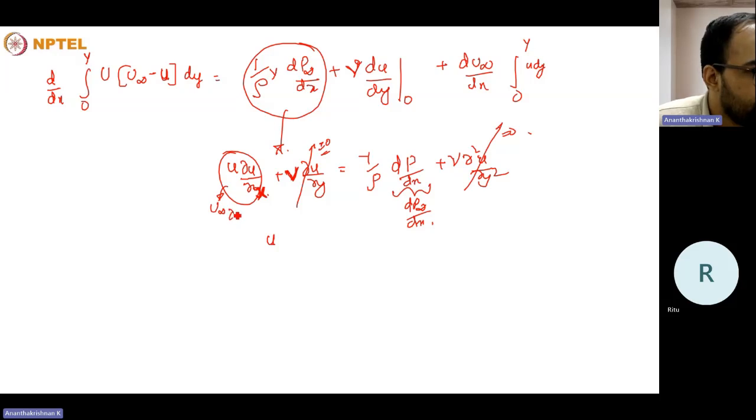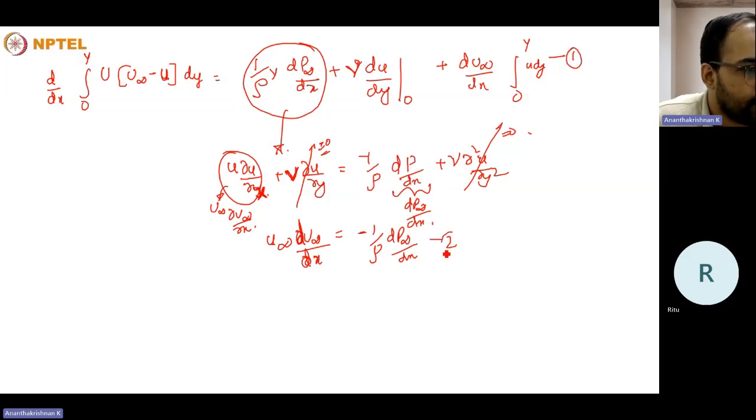So this will become u infinity dou u infinity by dou x, which is in fact u infinity du infinity by dx equal to minus 1 by rho dp infinity by dx.